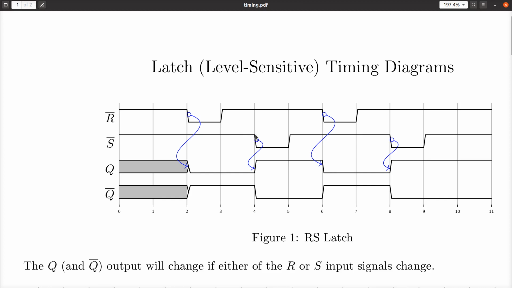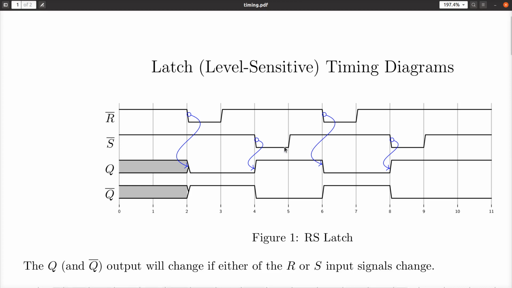On the falling edge of S bar, we will see a leading edge on Q. And that's what this little blue arrow down here means. We say, look, this edge here on S bar is responsible for causing this leading edge down here on Q. As we showed over here as well, it makes sense now, right? The falling edge on R bar is why this one went down.